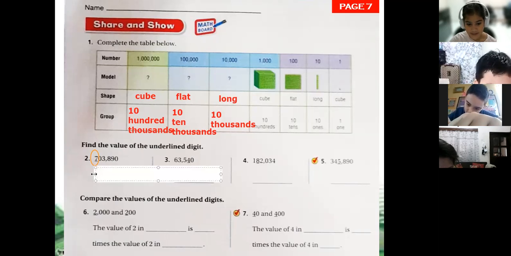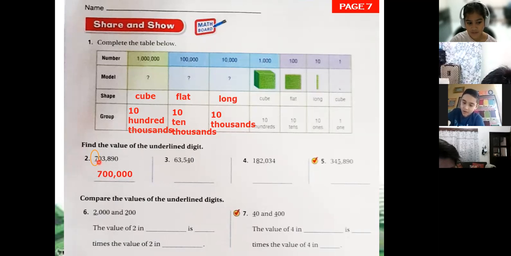We have 700,000. That's the value of the number 7. Why? If you notice, we have the number 7 in the same place, and the rest of the numbers become zeros, because this is located in the 700,000s place.